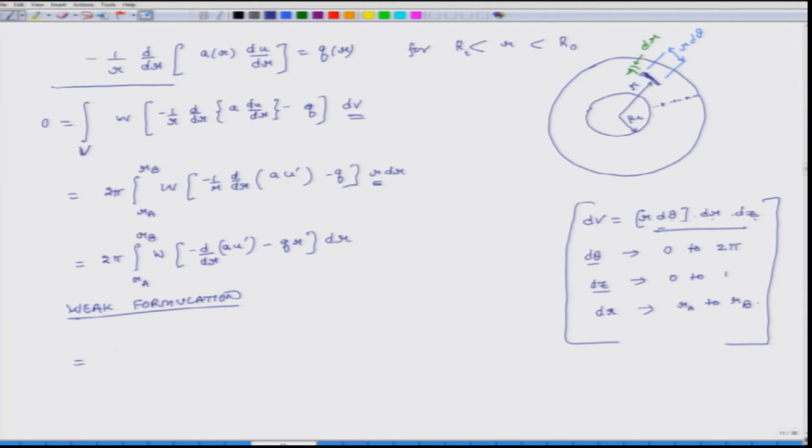So, what I get is 2 pi integral from Ra to Rb of W prime A u prime minus W q r dr, minus, I get some boundary terms, W times 2 pi A u prime evaluated at Ra and Rb.